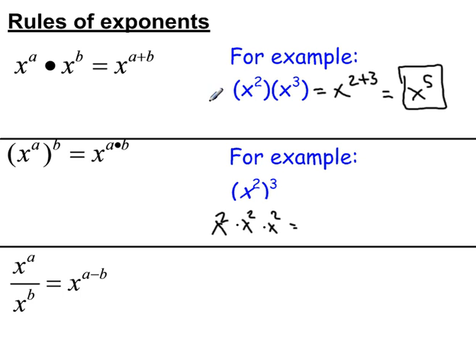Using the first rule that we learned, x squared times x squared times x squared, that's equal to x to the 6th. Or we could just use the second rule as a little shortcut here and just do 2 times 3, and we're going to get 6, and so we get x to the 6th.